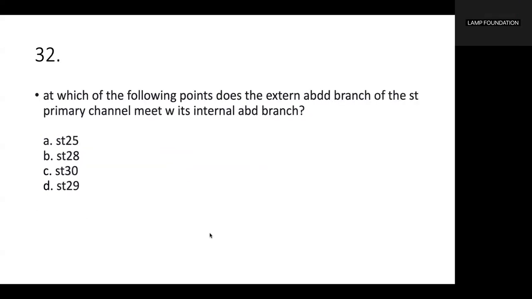At which of the following points does the external abdominal branch of the stomach primary channel meet with its internal abdominal branch? Stomach 30. You should try this, it's so effective. Find out what it's good for. I've tried this, I think, 3 times, and the results are amazing. You have to be very good at locating it.